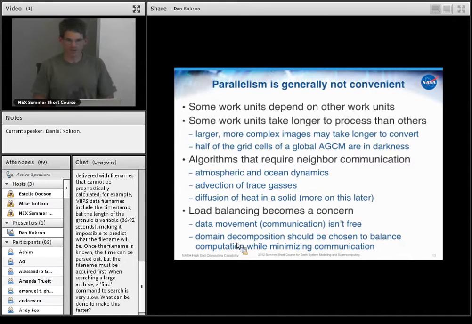Here's one example of a domain decomposition. This is the cube-sphere grid used in the GEOS 5 cube-sphere model. This is a C60 grid. Imagine the Earth inside of a cube, a box.